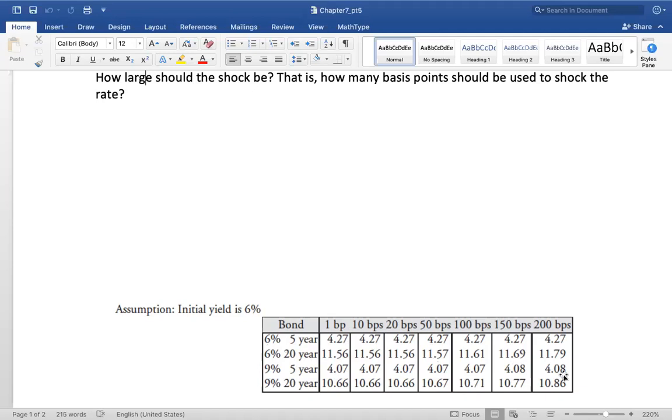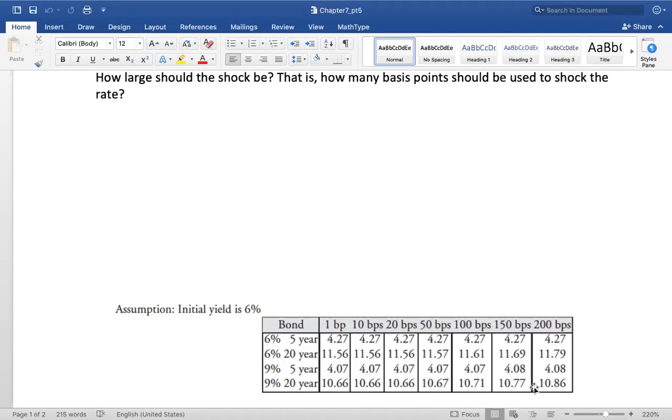But on the other hand, if you see the long-term bonds, this 6% 20-year and 9% 20-year bond, you can see that this goes from 11.56 to 11.79, and this 10.66 to 10.86.